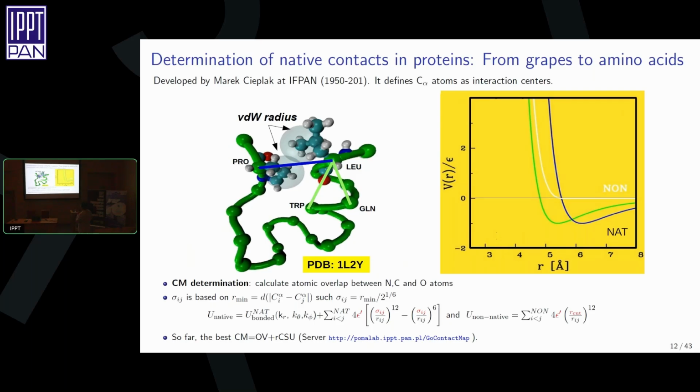They are parameterized with the Lennard-Jones potential, which is here, and there are two parameters. One is the sigma of the Lennard-Jones potential, which is connected to the distance between the two C-alpha atoms. And then you have an epsilon, which takes care of the depth of the Lennard-Jones potential.